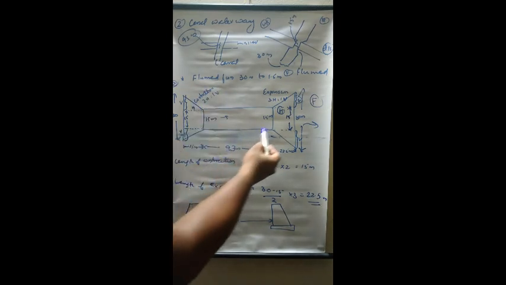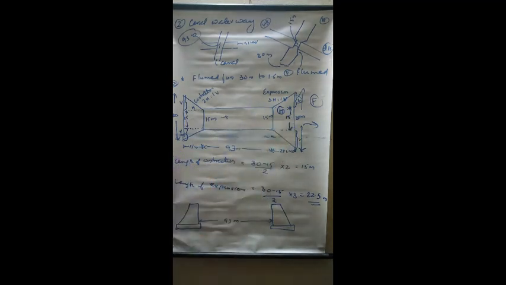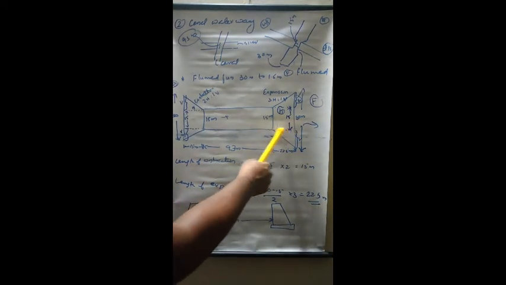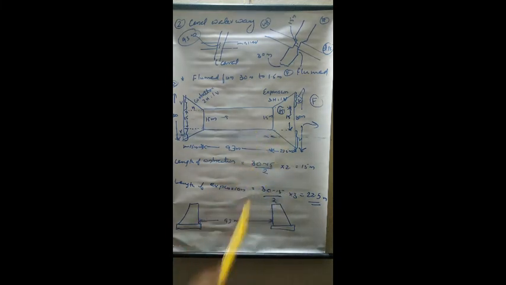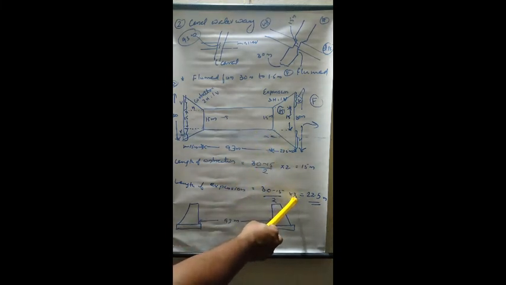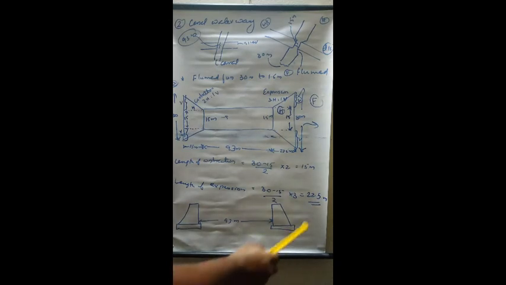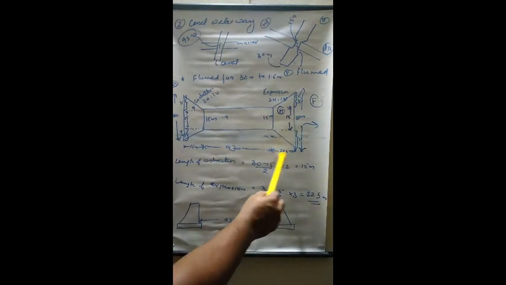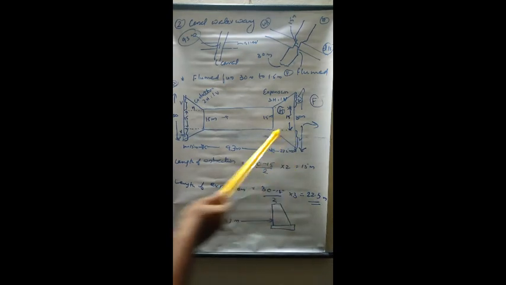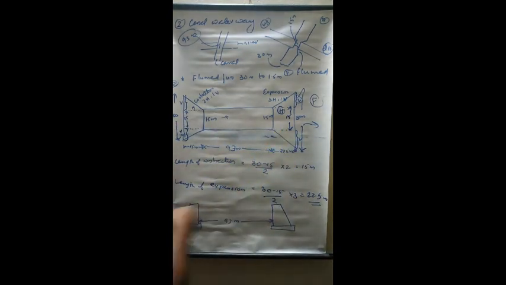So we know that it is 3 times. So the length of expansion, that is this length, equals 30 minus 15 divided by 2 multiplied by 3, which is equal to 22.5 meter. So this length we got as 22.5 meter.